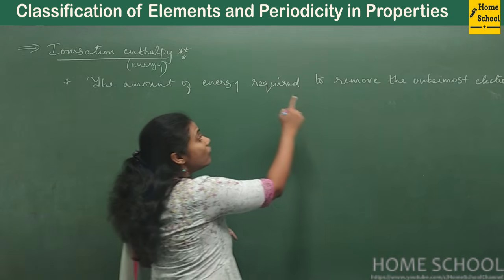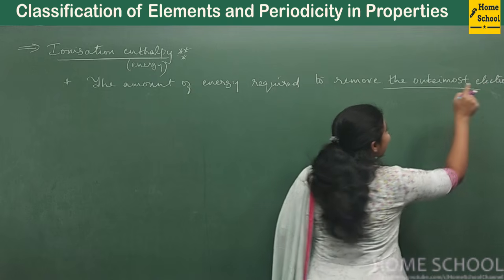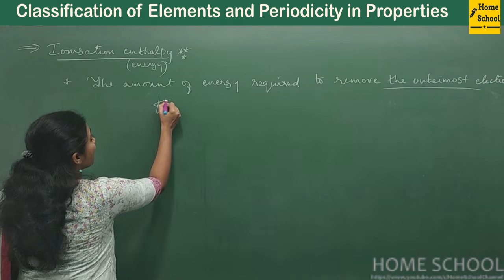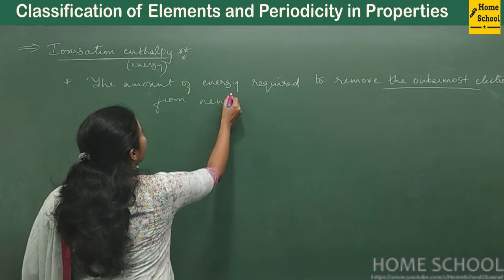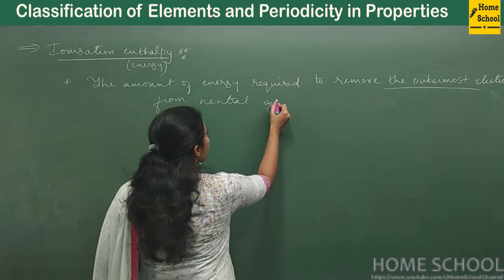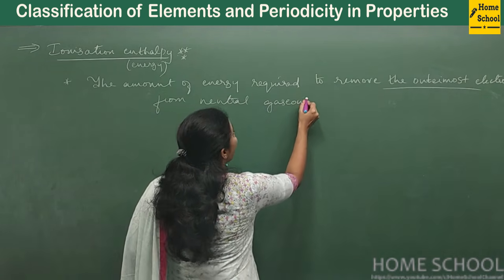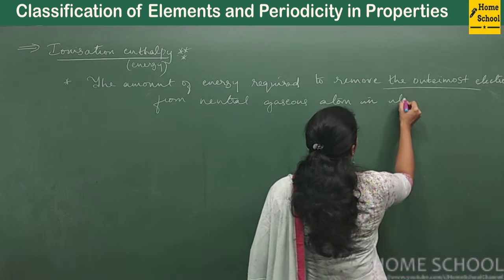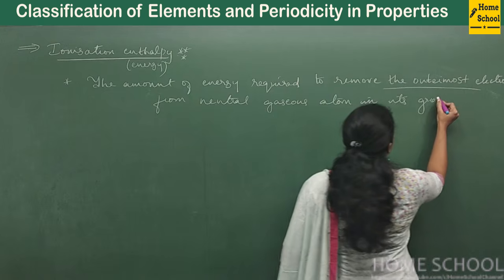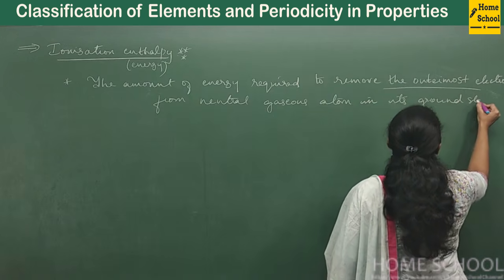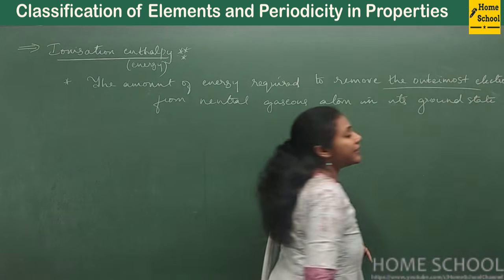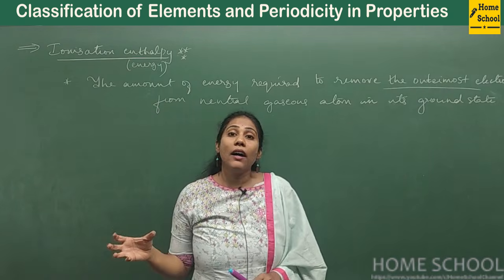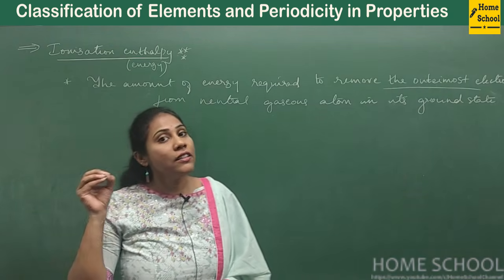So the energy required to remove that last electron from the last shell of a neutral gaseous atom in its ground state is called ionization enthalpy.